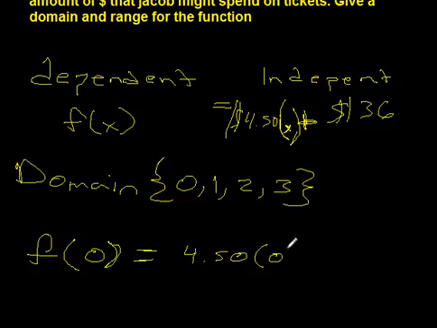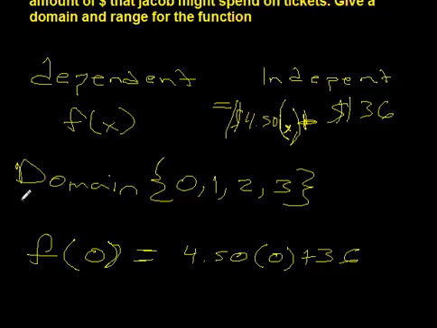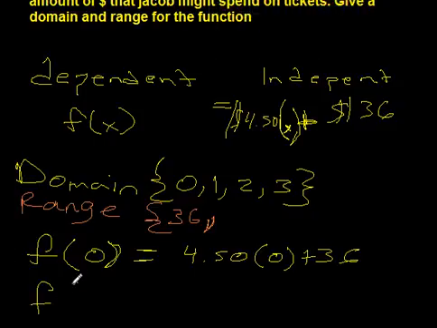So my range, I'm going to write that in a different color, is going to be 36 for this one, because 4.50 times 0 is 0, plus 36. Well, what about when x is 1? I have 4.50 times 1 plus 36.